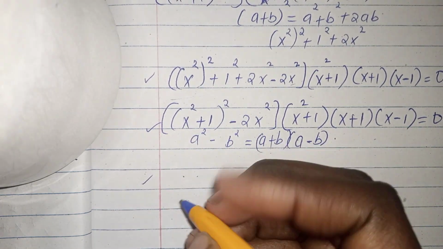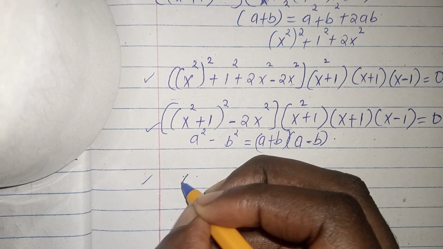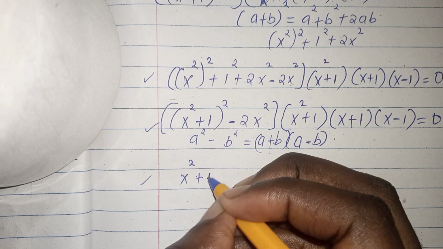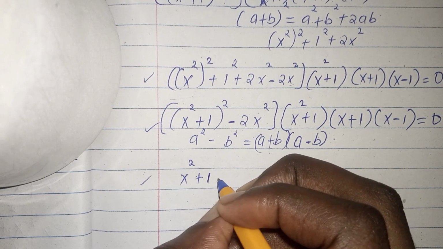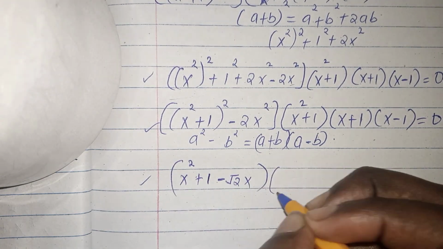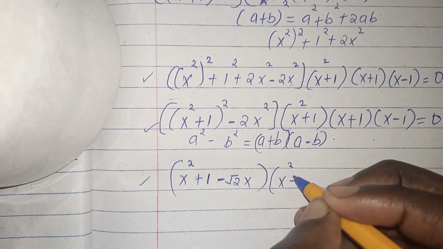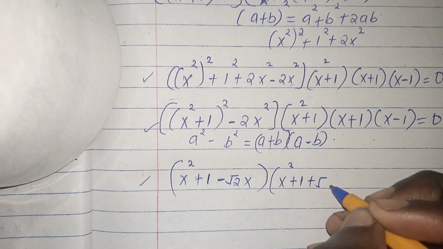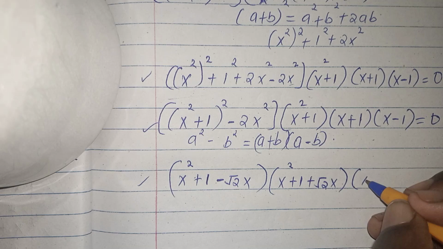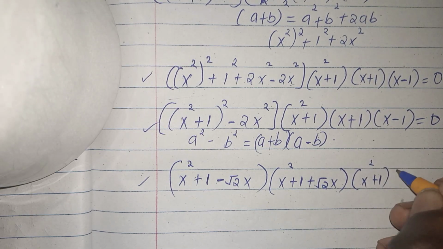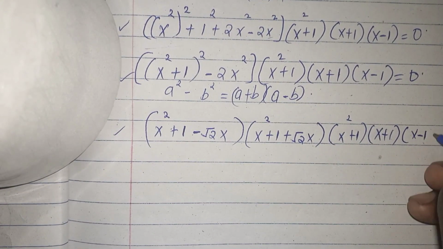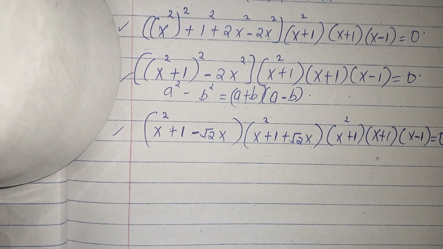So this we can write as (x squared plus 1, so this is 1 squared is 1, minus square root 2 x) bracket into bracket (x squared plus 1 plus square root 2 x) bracket, then (x squared plus 1) into (x plus 1) into (x minus 1) is equal to 0, right?